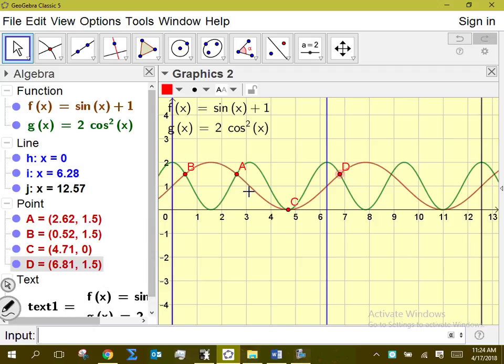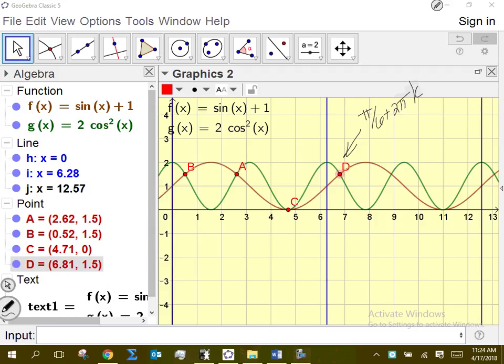This point is generated by taking pi over 6 plus 2 pi k. In this case, k is 1. This one here would be 5 pi over 6 plus 2 pi k, where k is 1. And this one would be the 3 pi over 2 one. Does that make sense, everybody?